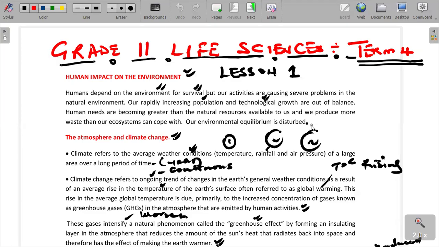Weather conditions, which are the daily state of the weather, are summarized by calculating the average of those conditions. For example, our temperatures can be recorded from January to December, and those totals divided by 12, to get our average temperature, roughly plus or minus 19 degrees Celsius in South Africa.